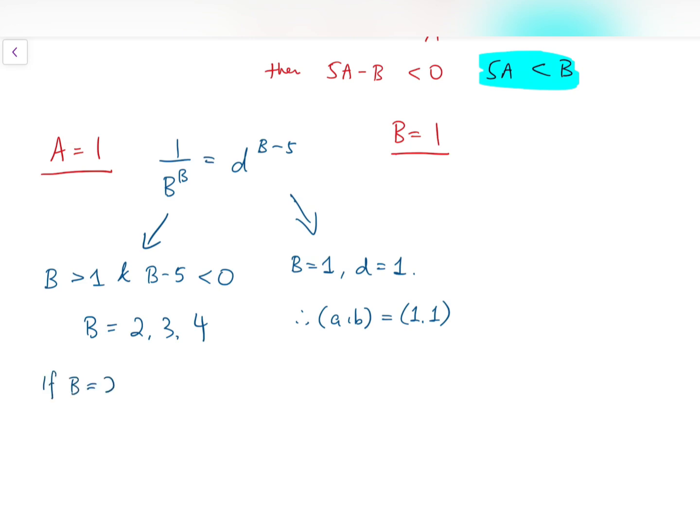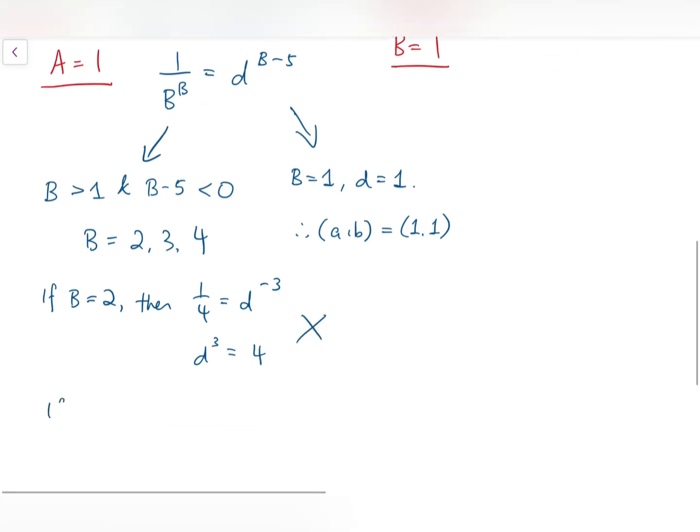Then we'll just try them one by one. If big B equals 2, then 1 over 2 squared is 1 over 4 equals d to the power minus 3. But that's not possible, because that means d cubed equals 4. So no solution.